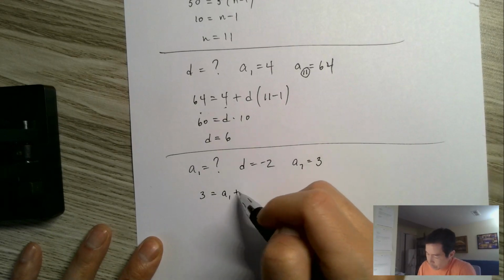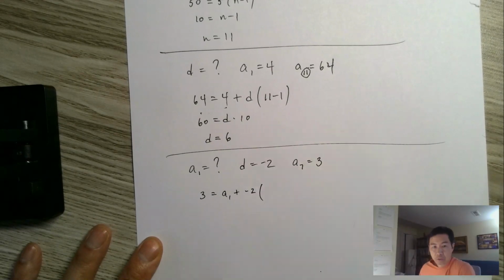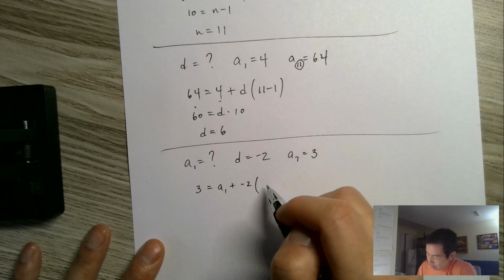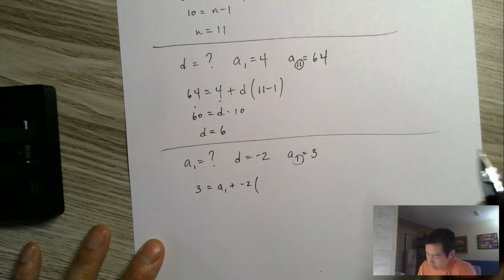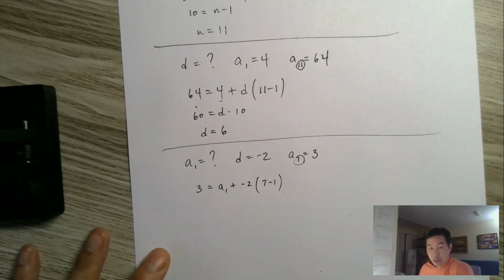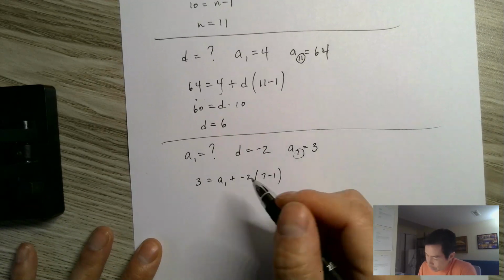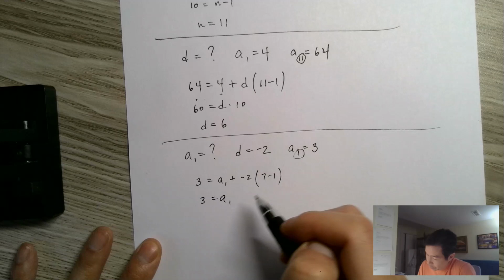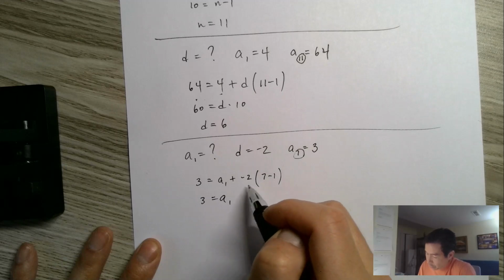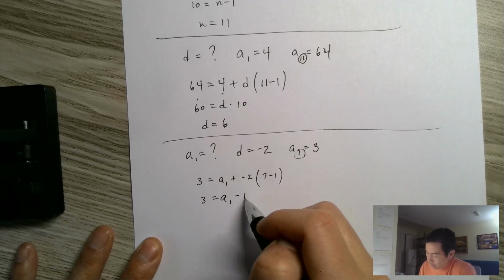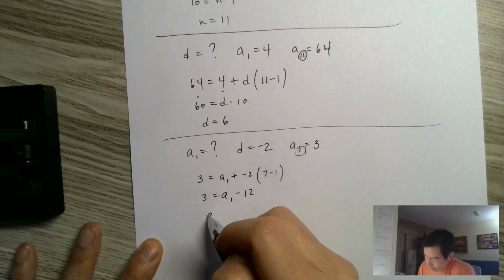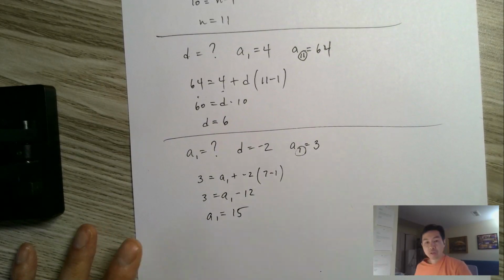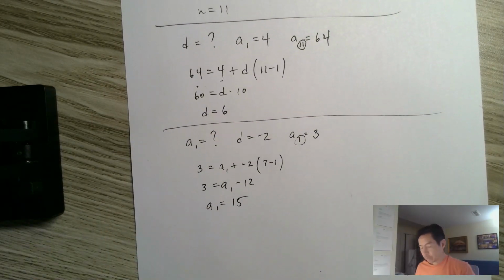Common difference, negative 2. n minus 1. N is 7 this time, so 7 minus 1. Now I go to solving mode. That's going to be negative 2 times 6, that's minus 12. And so a sub 1 is 15. So the first term in this sequence is 15.